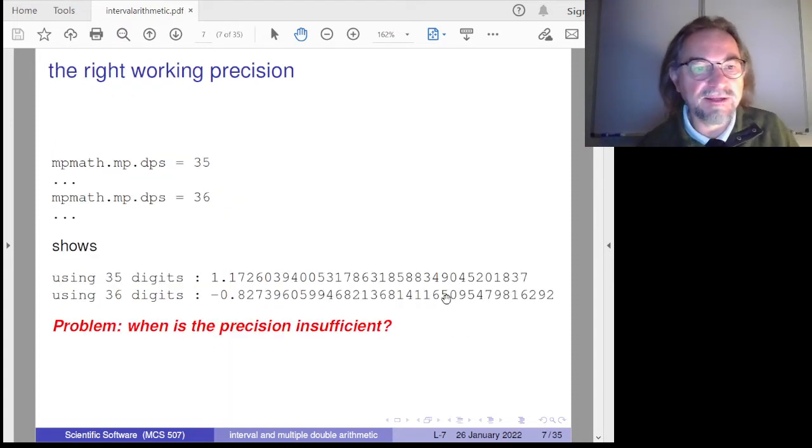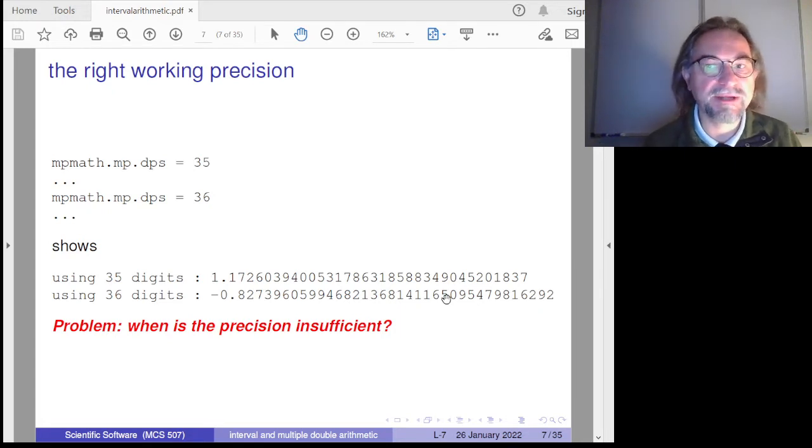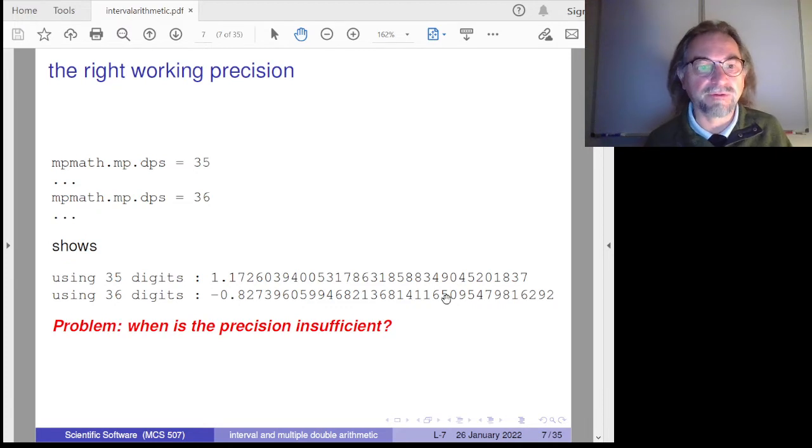And then you see, if I try to play with this, 31, 32, 33, then 35, and then all of a sudden 36 has a dramatic change. So this indeed is a motivating example for interval arithmetic.